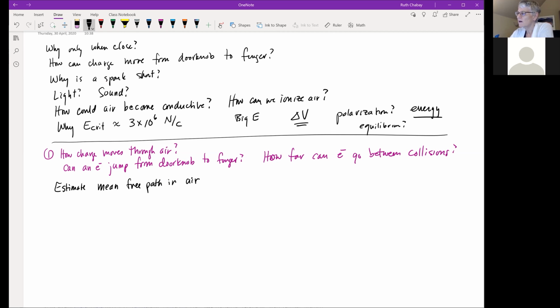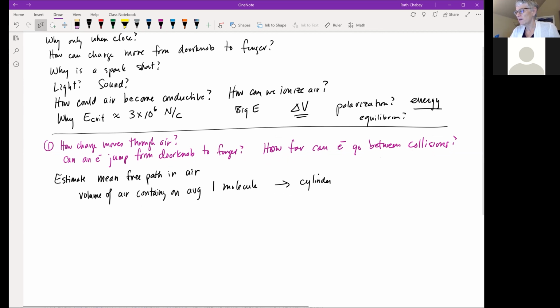If we find the average volume of air containing one molecule, on average, and then we say, let's consider this to be a cylinder, because it's just a volume. We could make it a cube, but we could also make it a cylinder.